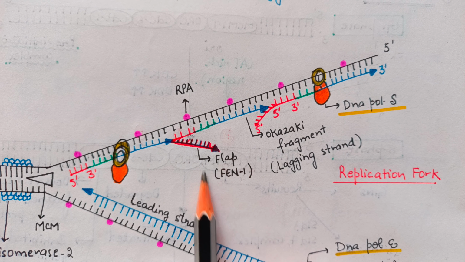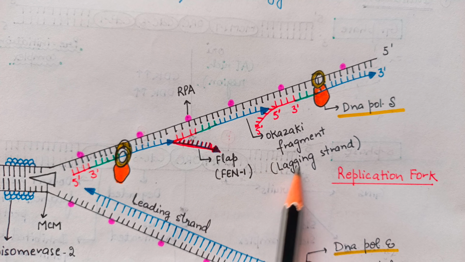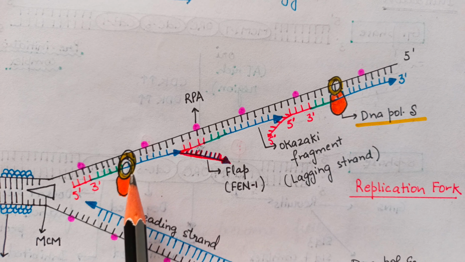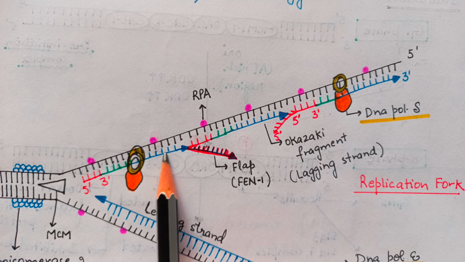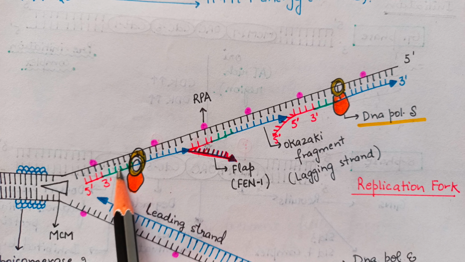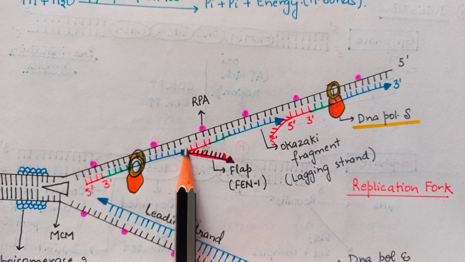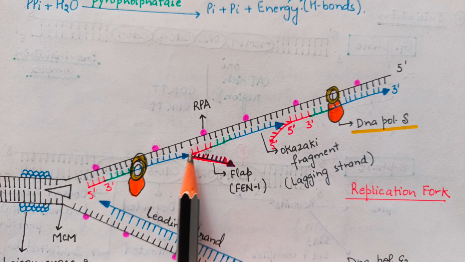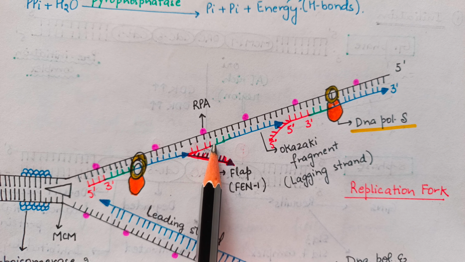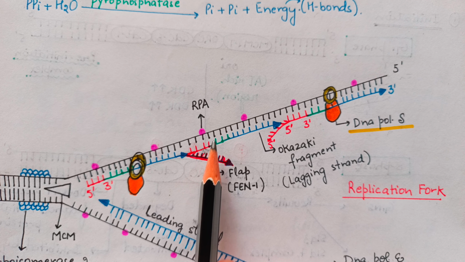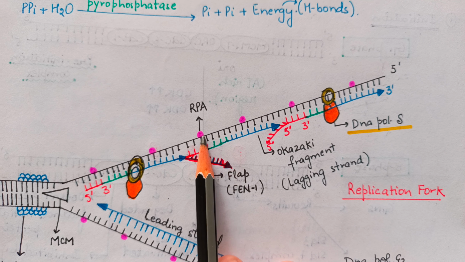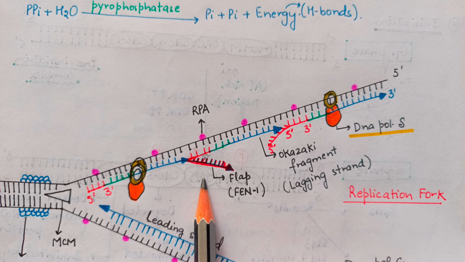Why is flap endonuclease 1 used in the lagging strand? The reason is that when the new strand is synthesized, it pushes the RNA primer to some extent, and because of this push it becomes a hanging part, and that hanging part needs to be removed.